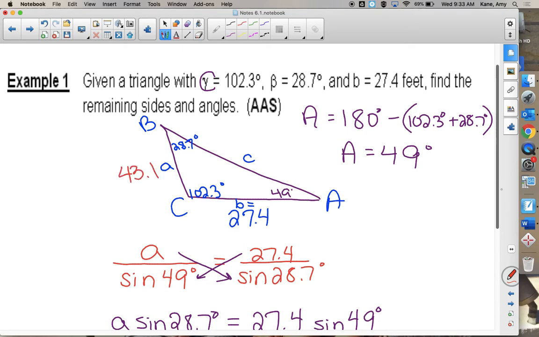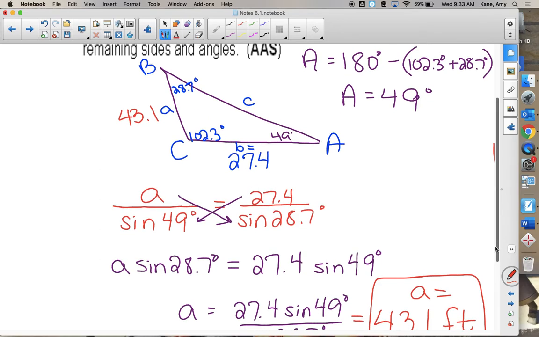And then we need to do the same thing to find side C. So go back to the original proportion. You can keep this using the information for B, but now on the other side we need to find C. So setting up C over the sine of 102.3.